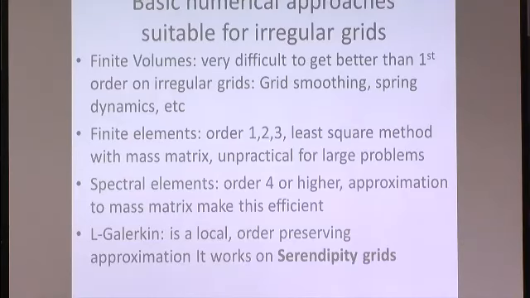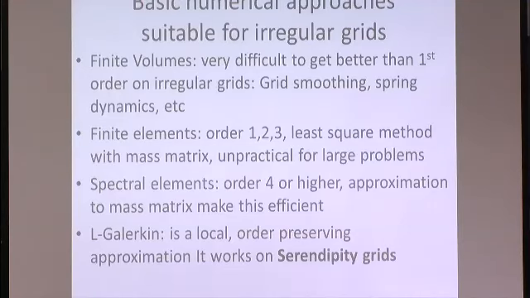So now the numerical approaches which are on the market. The finite volumes, I don't go into it because I think it's difficult to go beyond first order on irregular grids. Finite elements are okay, but I don't think I can sell them to anybody in their original form, classical Galerkin, because they have a mass matrix which has to be solved, and it goes very difficult with multiprocessing.